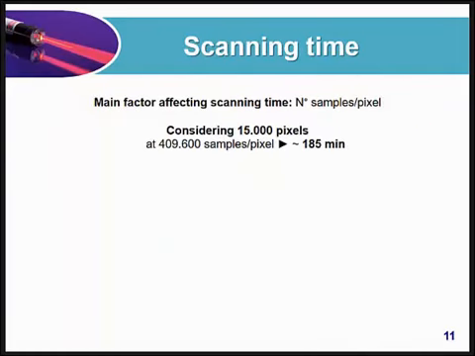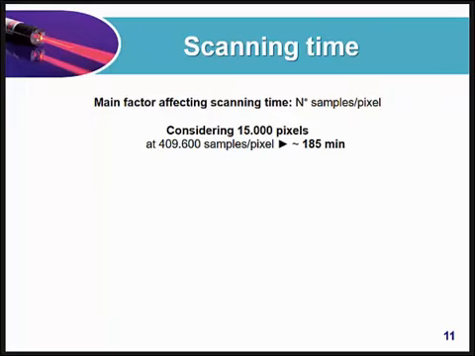Regarding the scanning time, the main factor affecting the scan time is the number of samples per pixel. Considering the 15,000 pixels at this number of samples, we did that image in around 185 minutes.